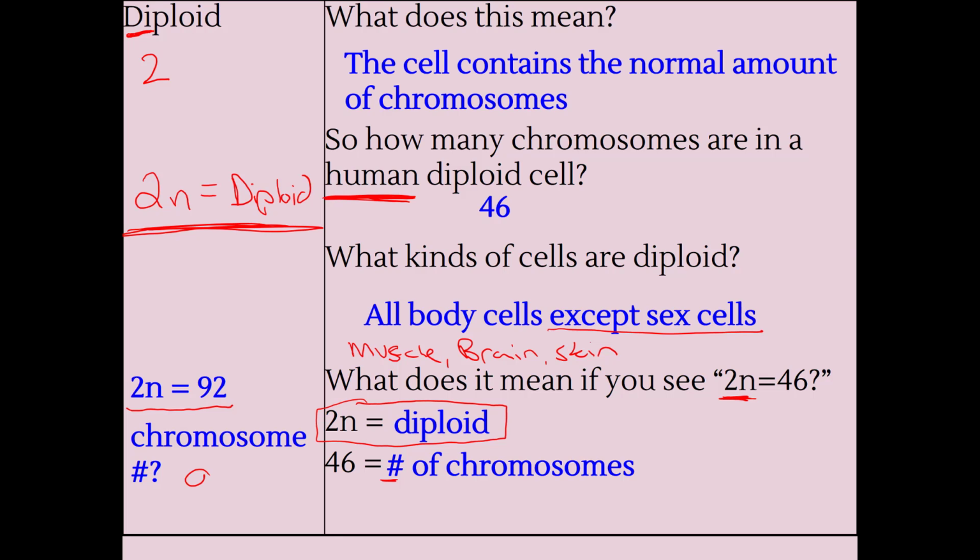If you said 92, you would be correct. We would have 92 chromosomes in that organism. Another example, if I had 2n equals 12, I would have 12 chromosomes in that organism. So again, 2n is just another term for diploid.